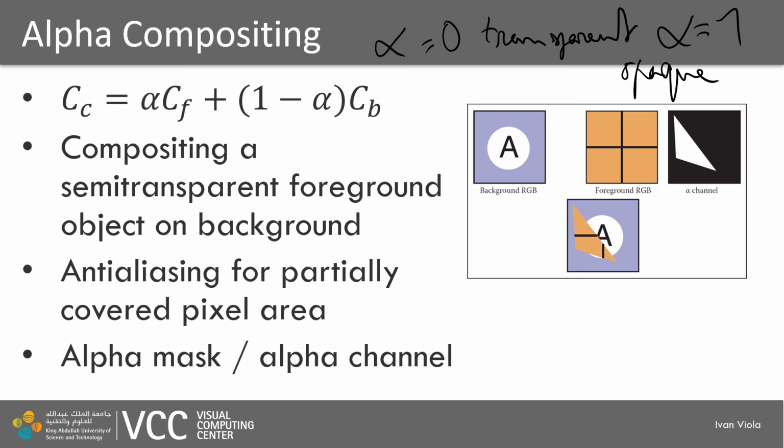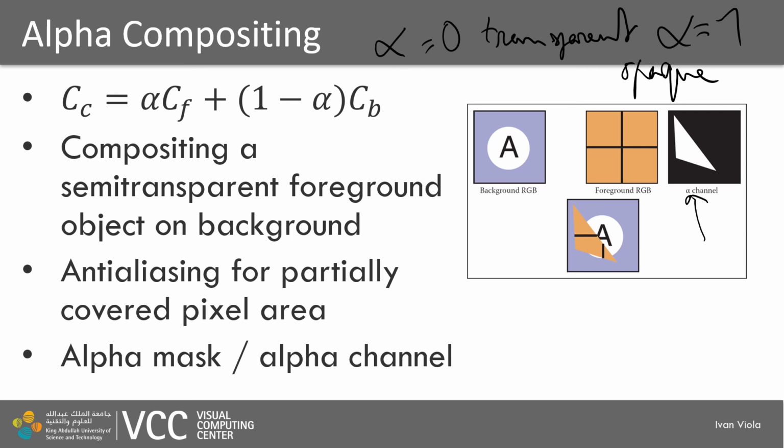Now imagine that we have 2 images, a foreground image and a background image, as shown in this figure on the right hand side, and we would like to combine these 2 images together. So the question is how to define which pixel should come from the foreground image and which should come from the background image. Well, you can define a so-called alpha channel, or a separate alpha mask, which will define that. The alpha channel defines the transparency of the foreground.